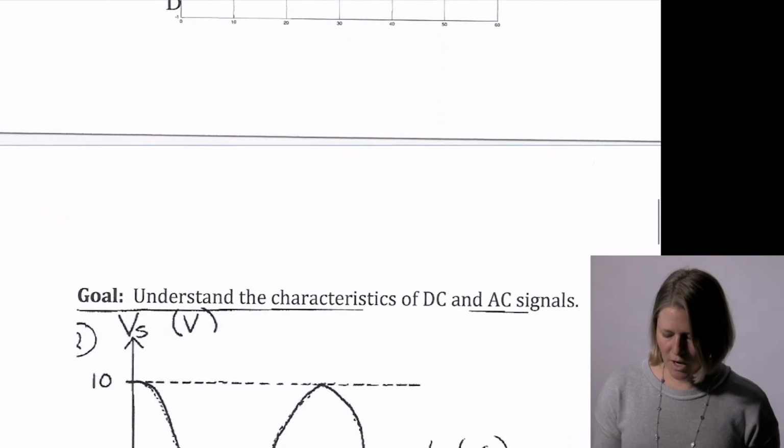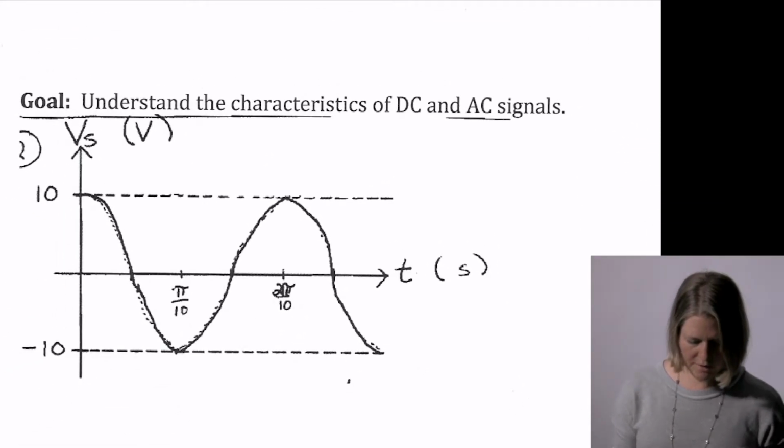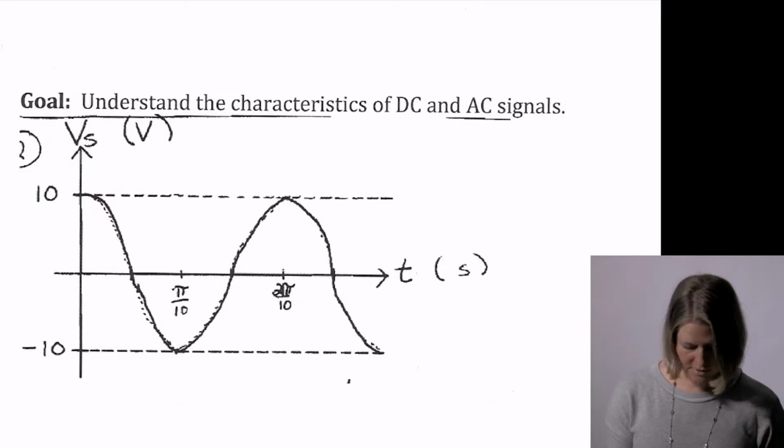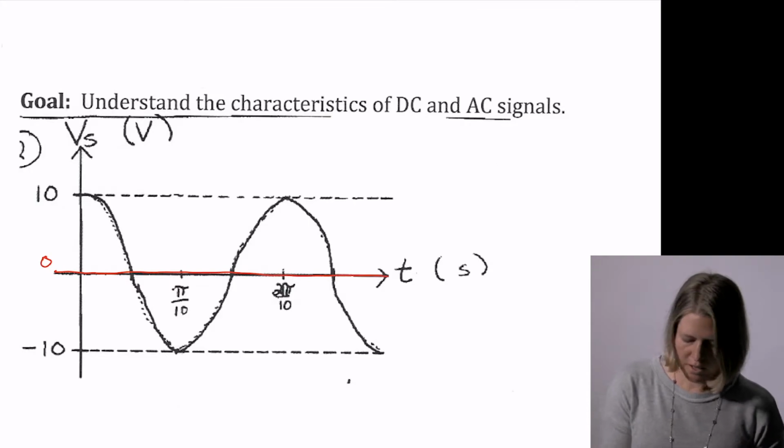So now we want to actually write this. So to write this mathematically, we would look at this signal, and we would see that it is centered around 0, and it goes up to 10 and down to minus 10.